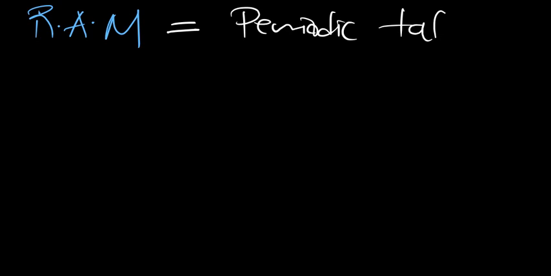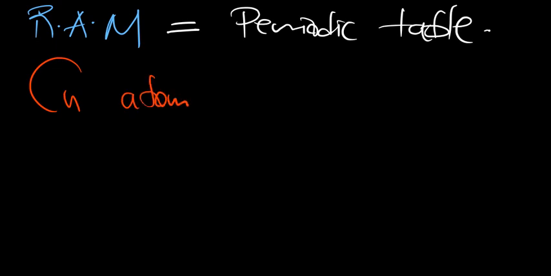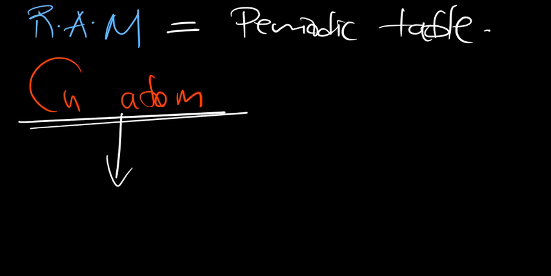Now, for the relative atomic mass, the values you see on the periodic table are not really the actual values. If you were to get a single copper atom, assuming that's possible, it's not necessarily the molar mass shown on the periodic table.